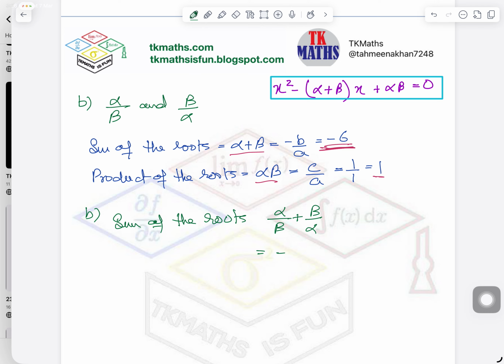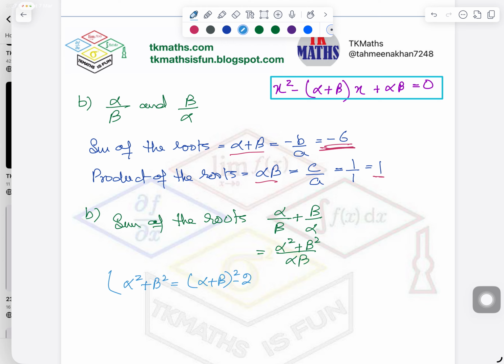I'm just adding them up, taking LCM. In the last video, I told you the trick of alpha square plus beta square, which I'm writing here again in the brackets, and then I will substitute the value here. Alpha square plus beta square equals alpha plus beta square minus 2 times alpha beta.